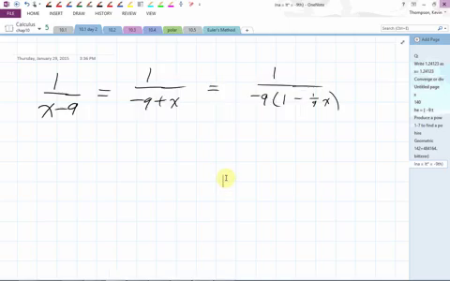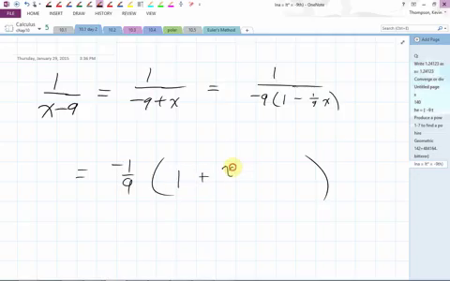It should just be the positive x over 9. So then you'd have this negative 1/9 out in front. And if you're going to write out the terms, what would they be? Like so? Is that right? Yep.